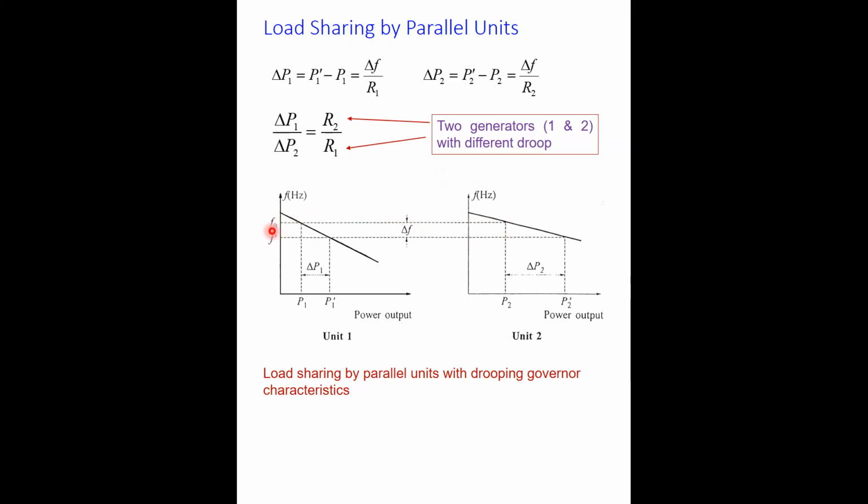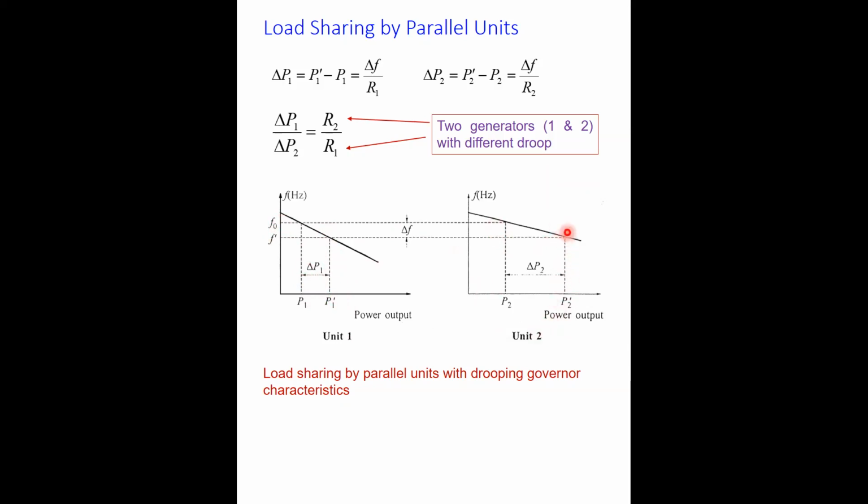And let's say for the same constant load, you want to change the sharing between the generators. At the nominal frequency, this was the output power from unit 1, and this was the output power from unit 2. But let's say you want to have more power shared by unit 2. So let's say there is a change in the frequency here, and then the change in the power from unit 1 to this quantity, and for generator 2 to this quantity.